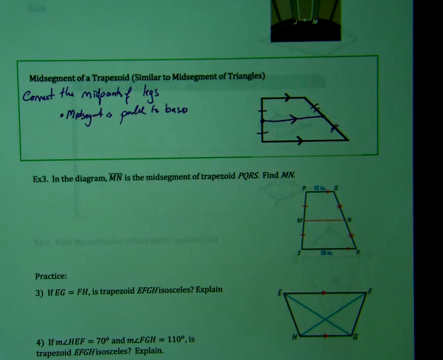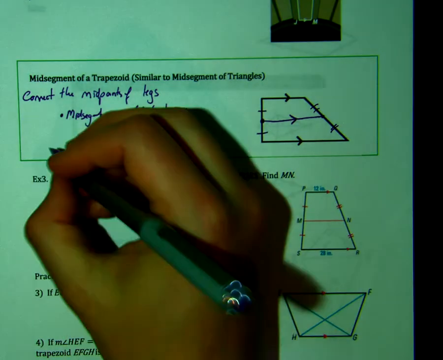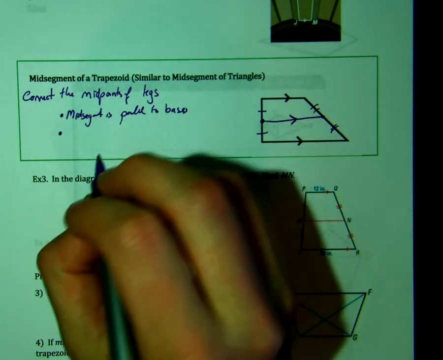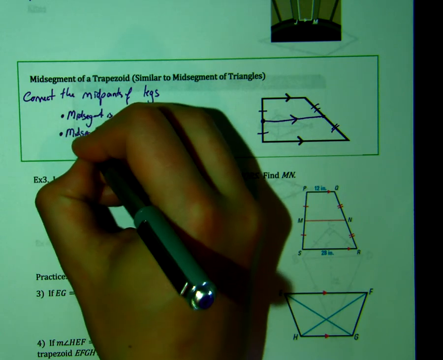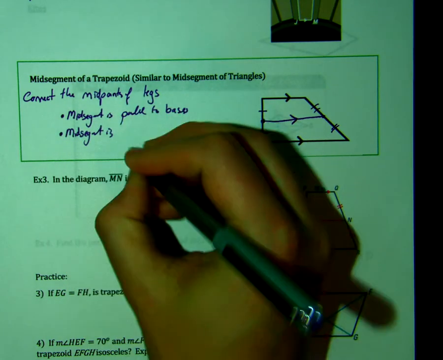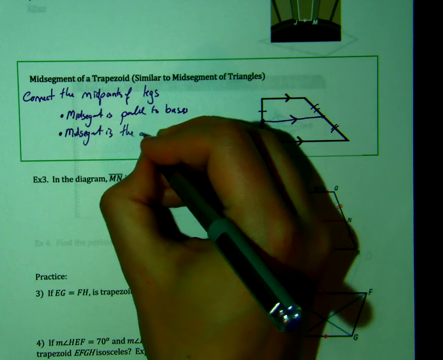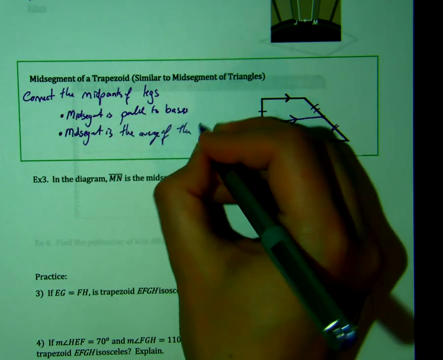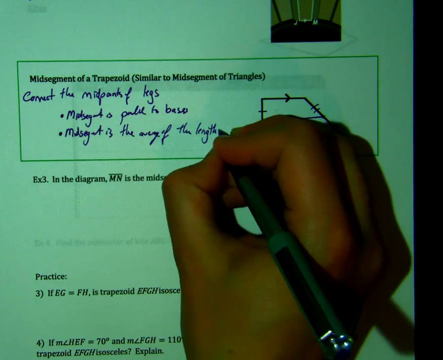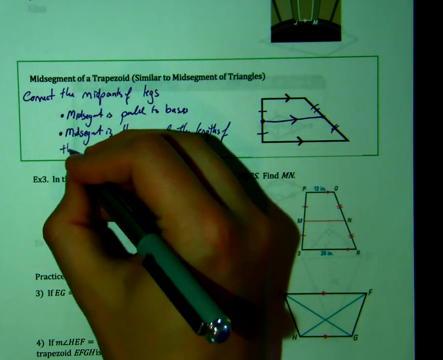And the other property of the triangle is the midsegment is half the length of the third side as well. Here's something similar. The midsegment is the average of the lengths of the bases.